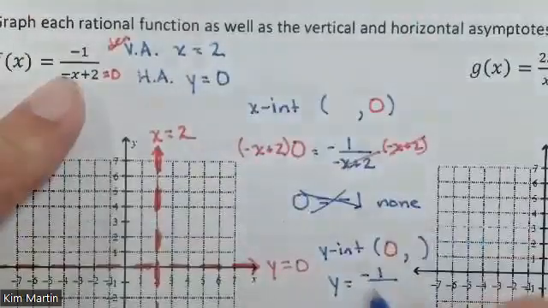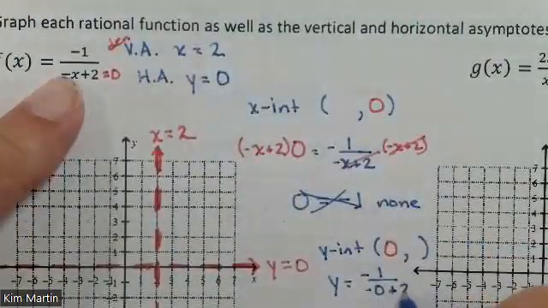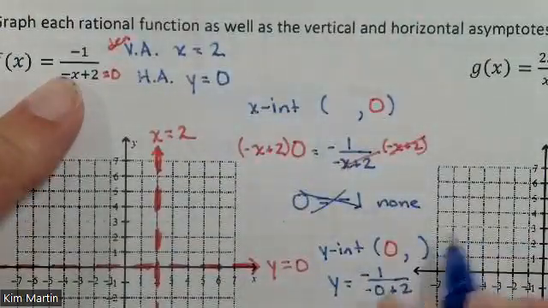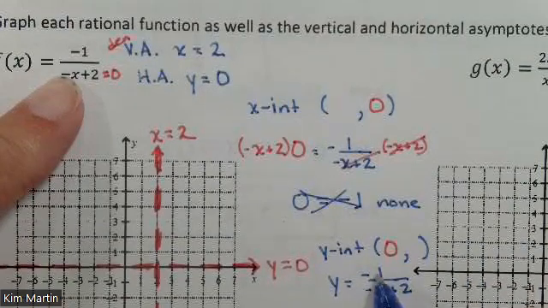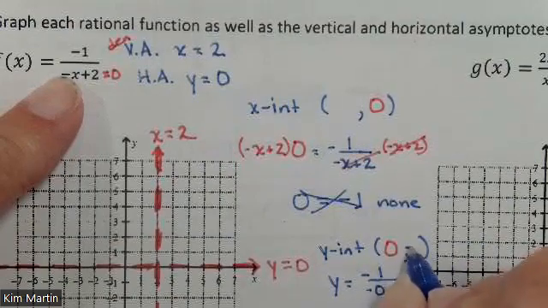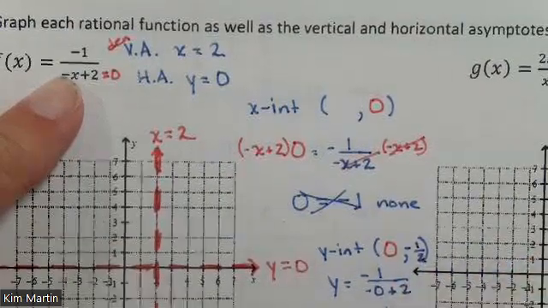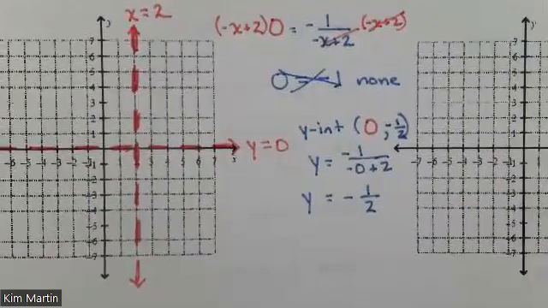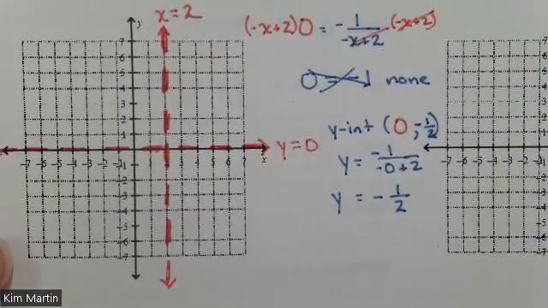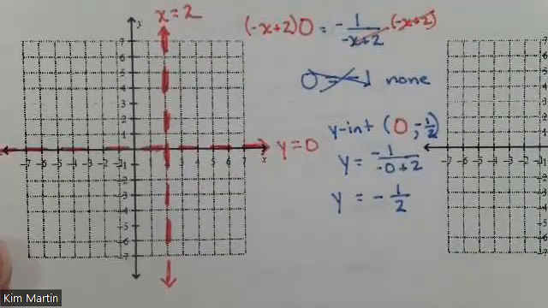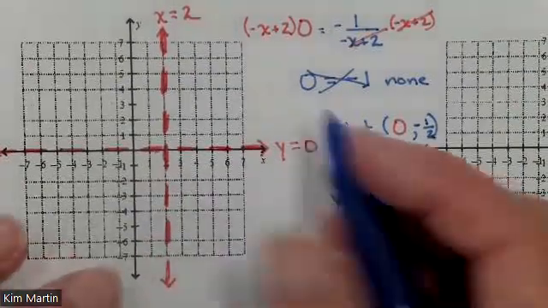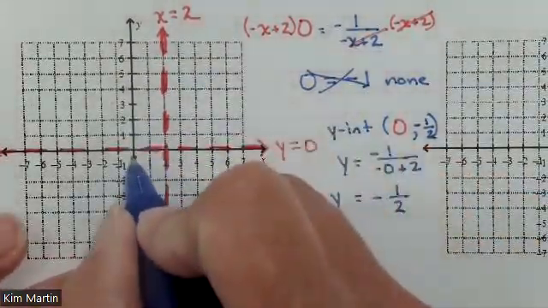I have -0 plus 2, and I get y equals -1 on the top, 2 on the bottom. I have -1/2. All right, let's graph that point: 0, -1/2. It's about right here.